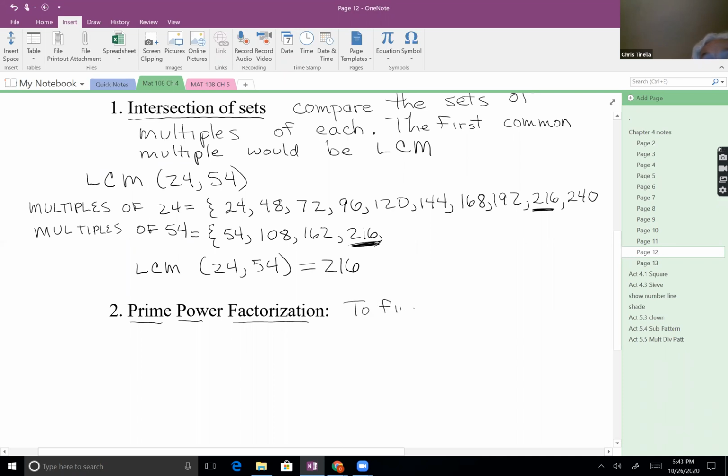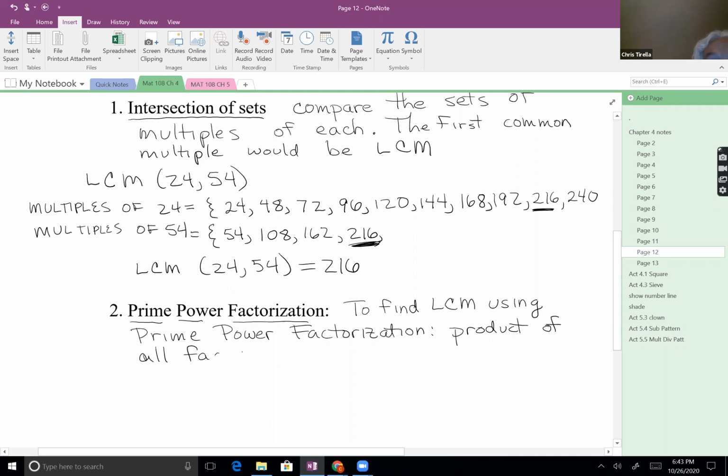To find the least common multiple using the prime power factorization, it's the product of all the factors, not just the common ones, but all the factors. And we use the highest exponent on any common factors.